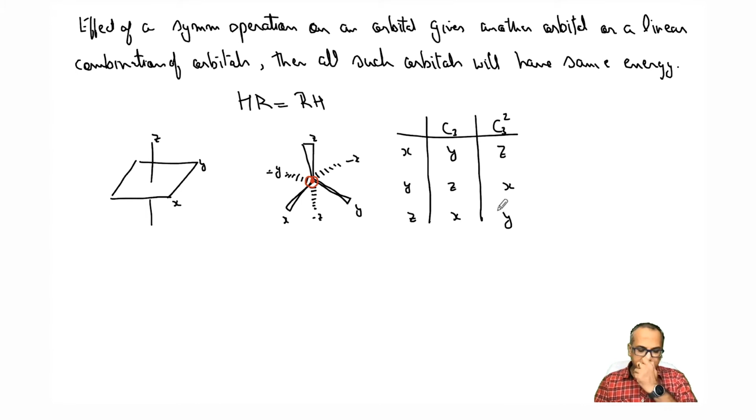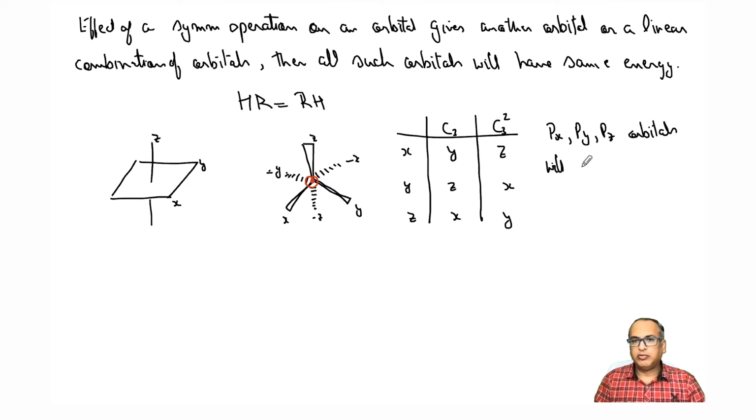So that means any property which is oriented along x, y, z, that is the px, py, pz orbitals, will be degenerate under Oh symmetry.